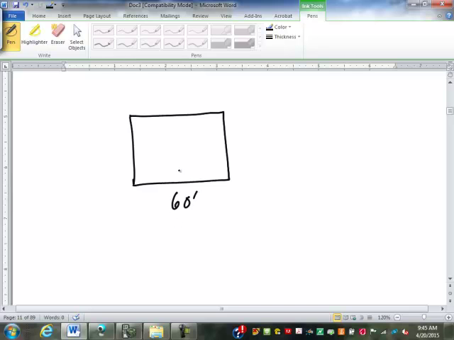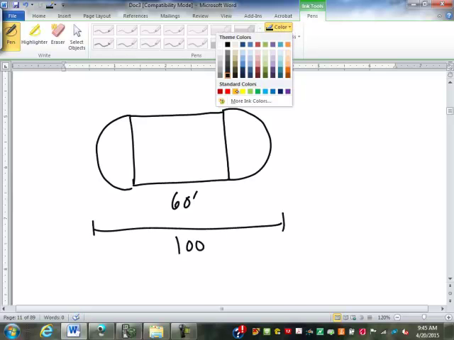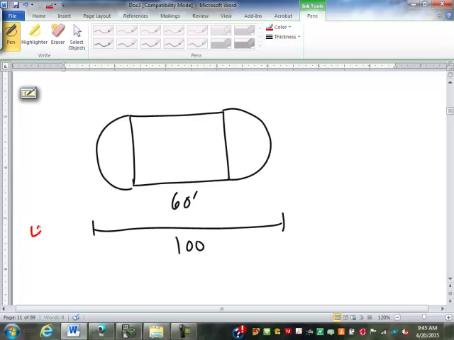That's all I gave you. On the end of the rectangle was a half circle on each end. The total length is 100. So the difference between the 100 and the 60 is 40 feet, which has to be split evenly into 20 and 20. And that's how you get that the radius of that circle has to be 20 feet.